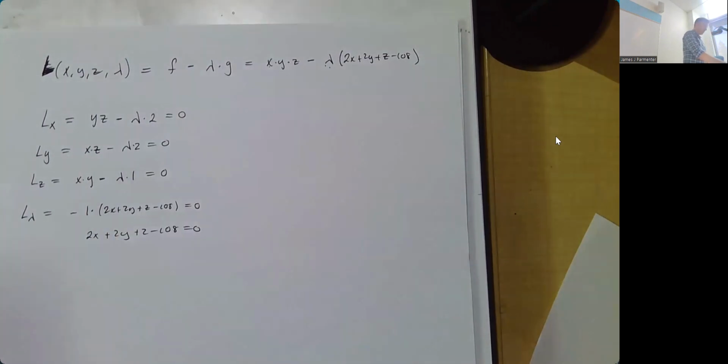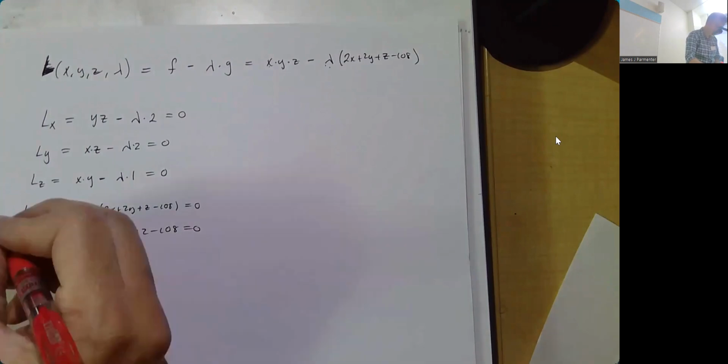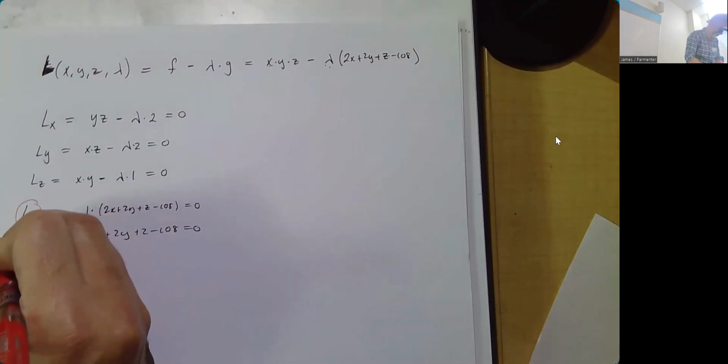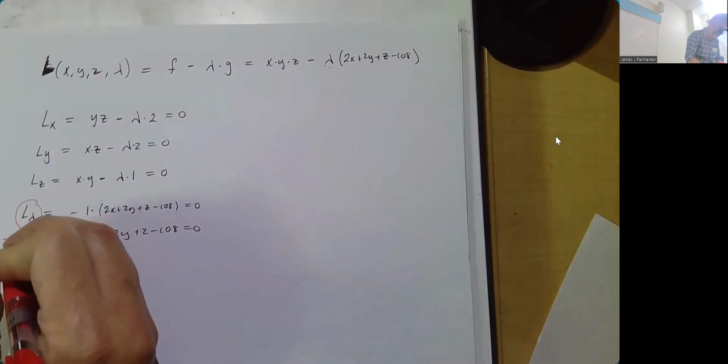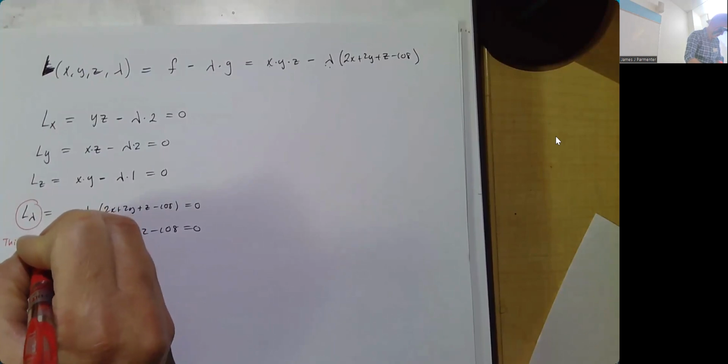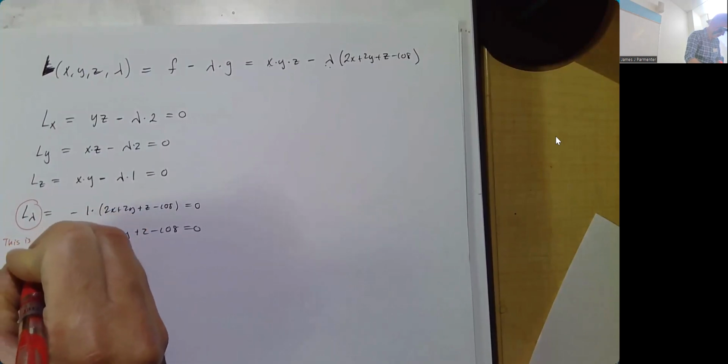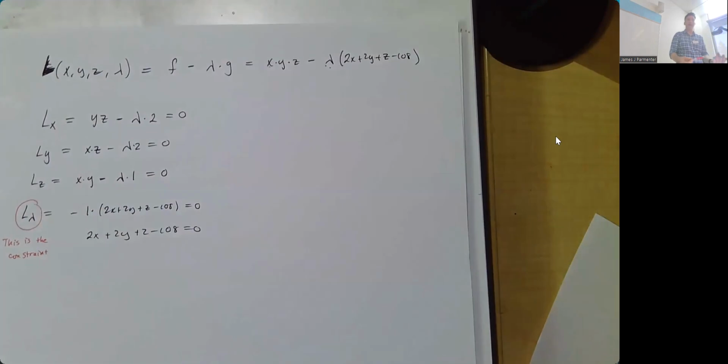I'll just point out, L lambda is just your constraint equation again. So this is just the constraint. We are going to use it, but my point here is you don't really need to write this because you already have this piece of information somewhere else. Questions so far?